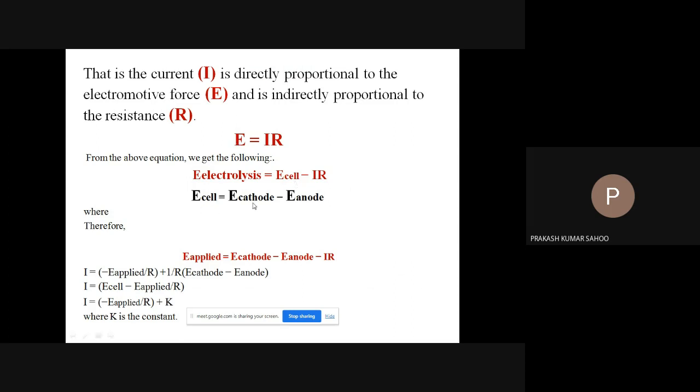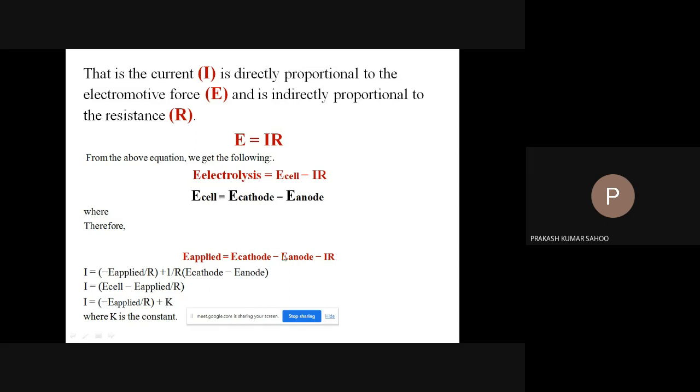So E cell will be equal to E cathode minus E anode. We already have this equation, E cell equal to E cathode minus E anode. So E applied equal to E cathode minus E anode, and here it is E cathode minus E anode minus IR. So I equal to minus E applied by R plus 1 by R times (E cathode minus E anode), or I equal to (E cell minus E applied) by R, and I equal to minus E applied by R plus K, where K is a constant.